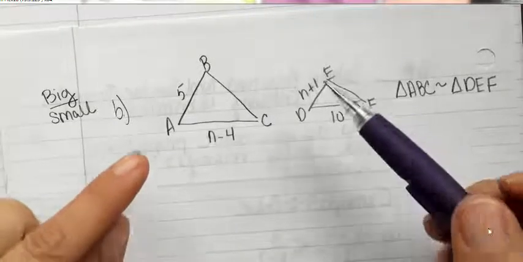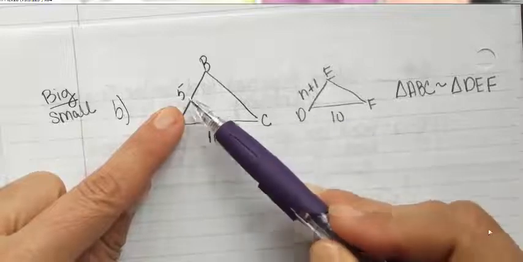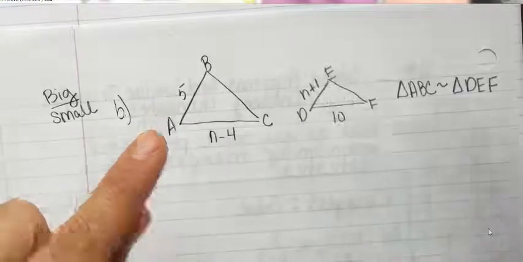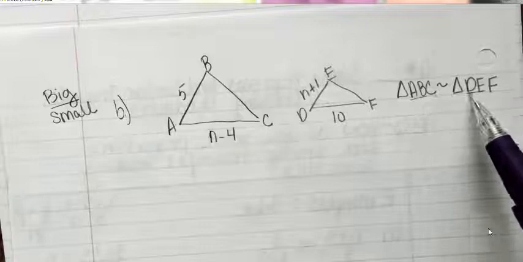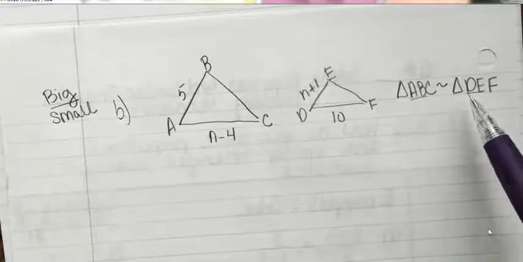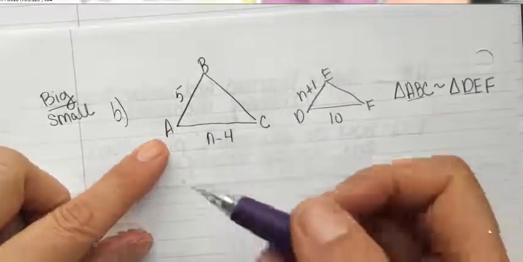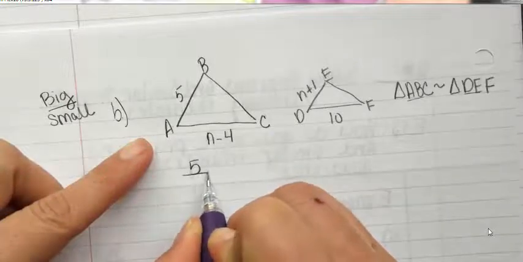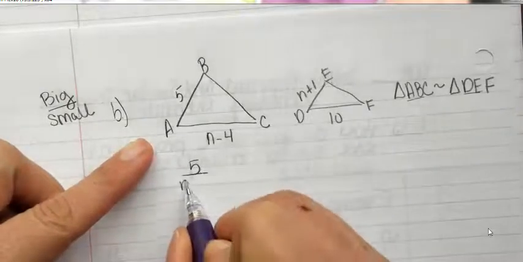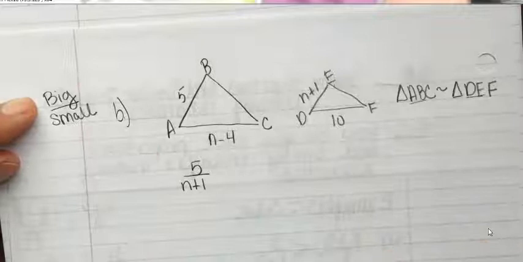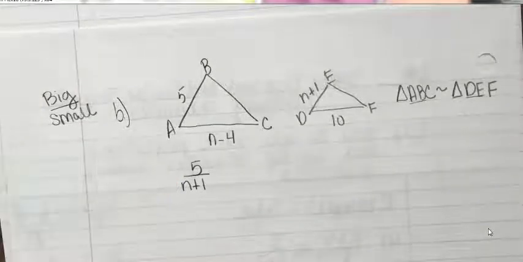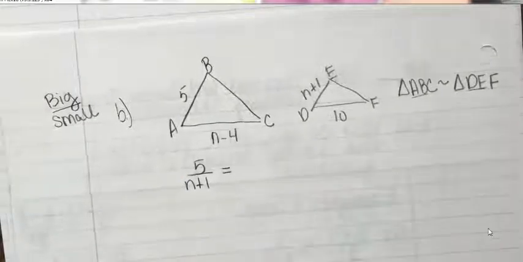So I know that, for example, AB and DE, right, those are corresponding because they come in the same order. So AB is 5 and DE is n plus 1. That's me putting the big side over the small side, corresponding sides. And then I'm going to write myself a proportion.